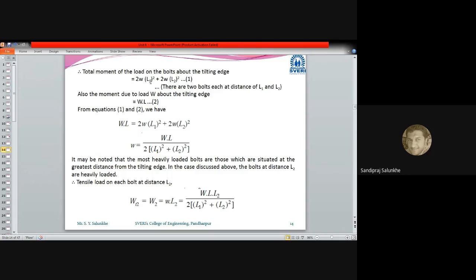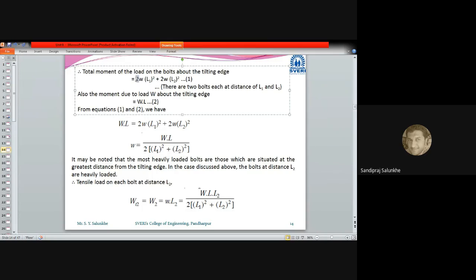Now this total moment of load on the bolts about the tilting edge, we are going to combine together about this tilting edge AB line. That we are going to calculate. So it will be 2 into the moment of one bolt plus the moment of the other bolts.